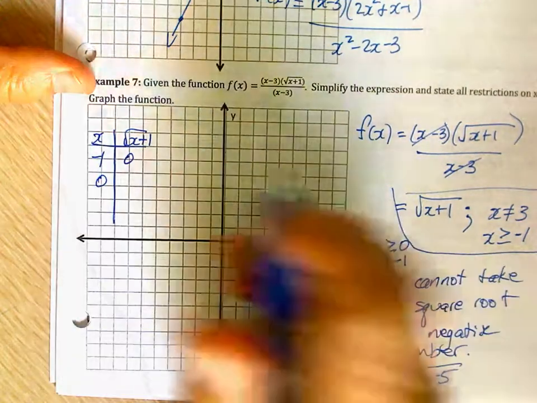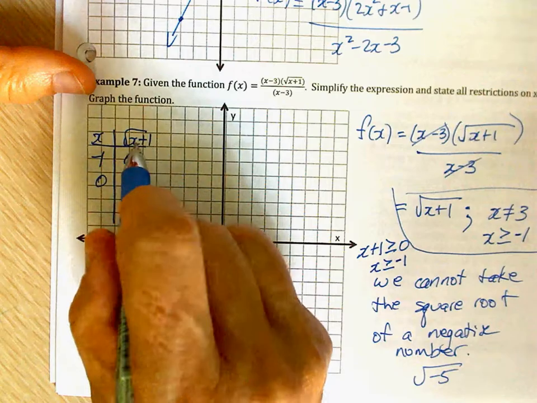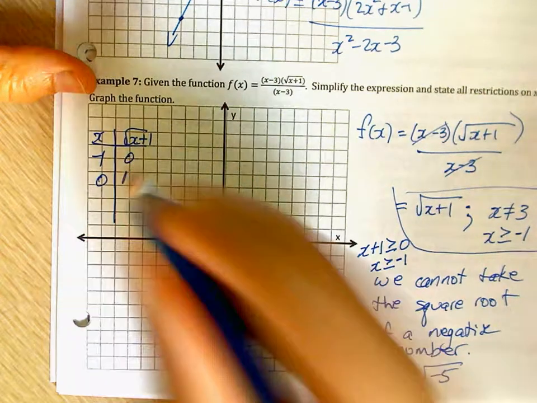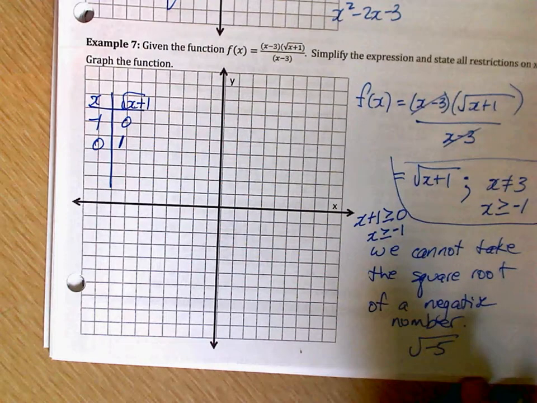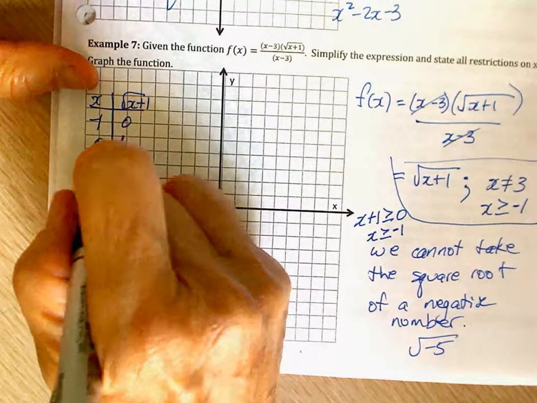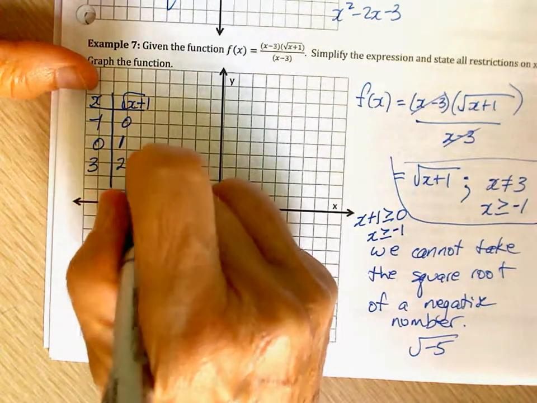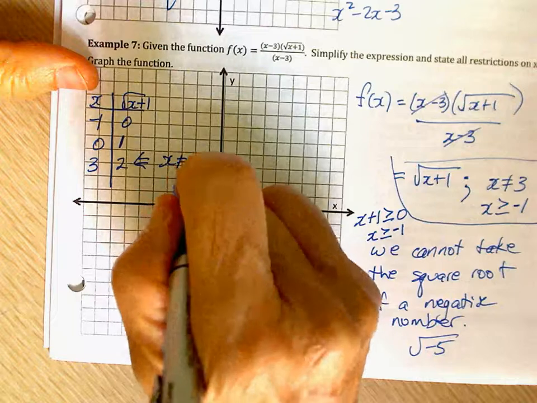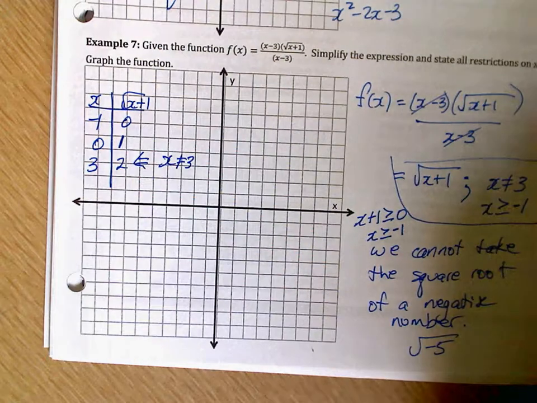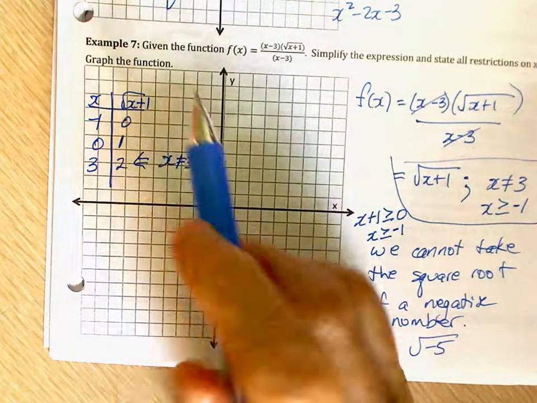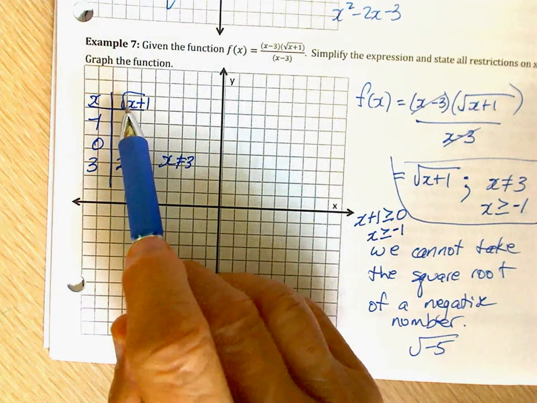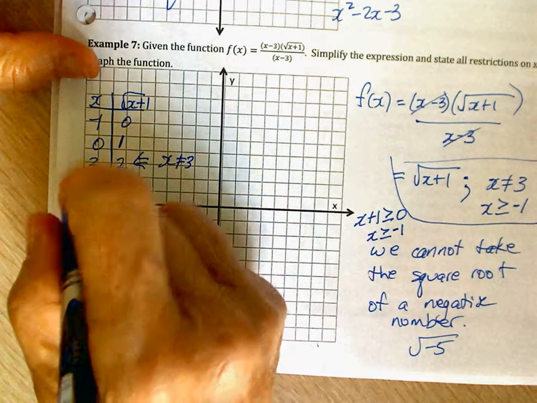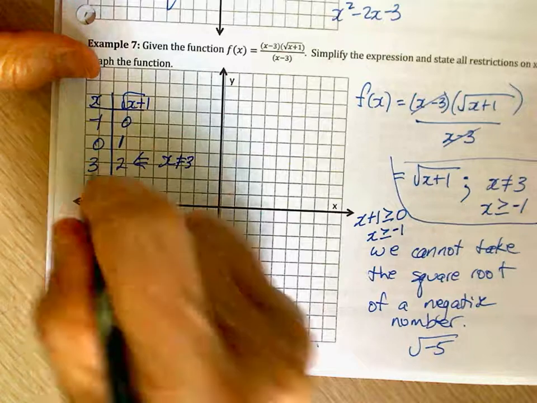We need a 3, but x cannot be 3. We have to remember that when we graph it. Let's see. When x is 8, 8 plus 1 is 9, square root of 9 is 3. I'm just picking easy x's that I can take the square root of.